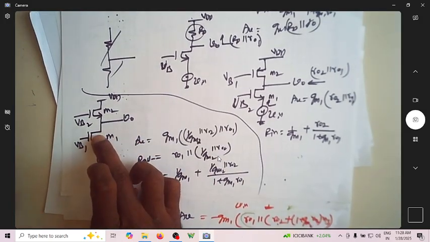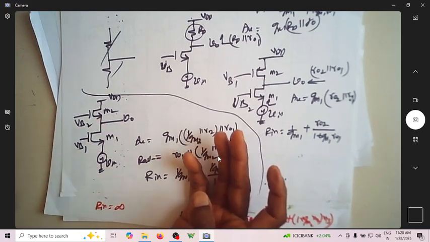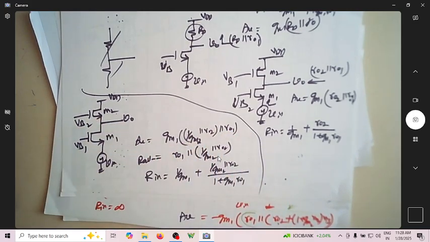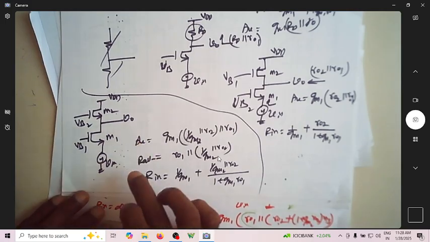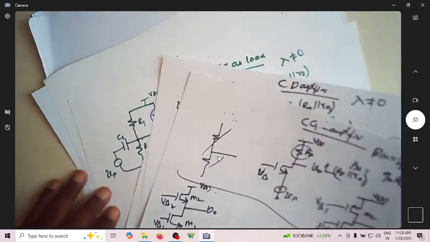If the dimensions and currents are given, it's very easy to find the specific values of gain, Rin and Rout, depending on the value of lambda. That way you can comfortably do all this analysis.